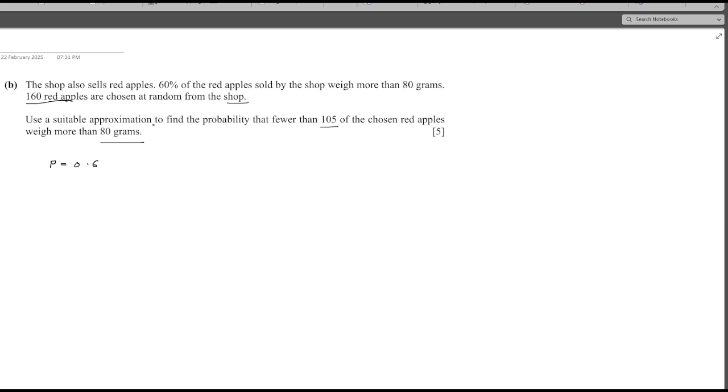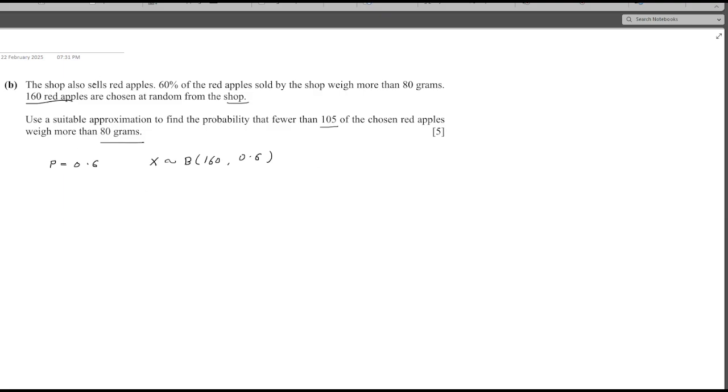Now from 160 red apples we have to choose. N is very large. Basically, if you see here, your X follows a binomial distribution with N as 160 and your probability of success as 0.6. There is 0.6 chance of getting a red apple which is more than 80 gram.